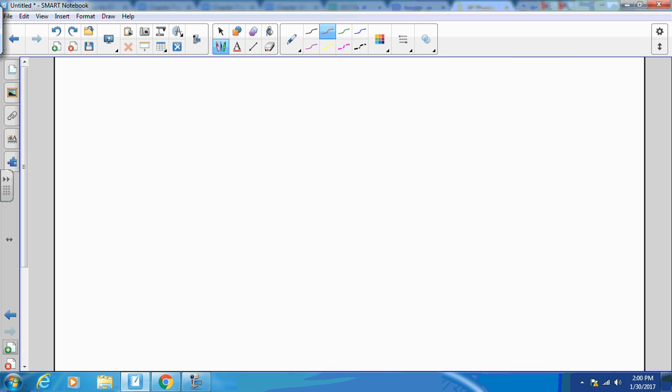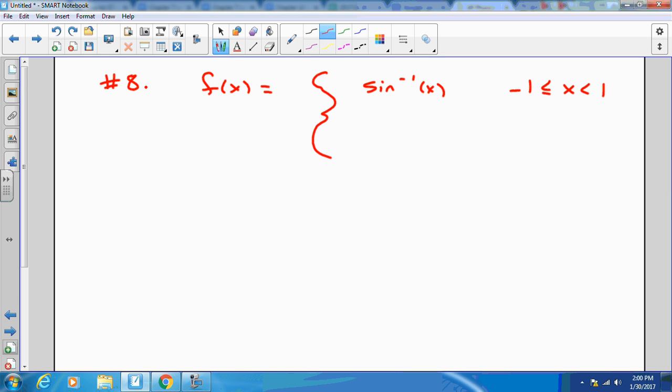Let's consider also number 8 on that same page. Here we have f of x equals inverse sine of x for x from -1 to 1, and x over 2 plus 1 for x from 1 to 3.